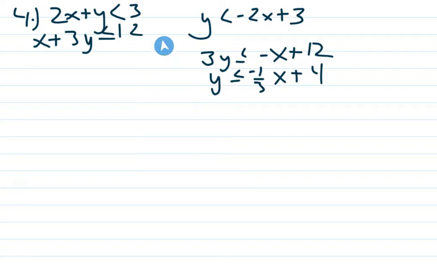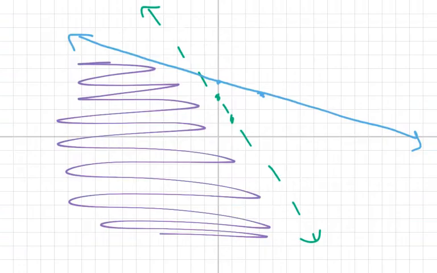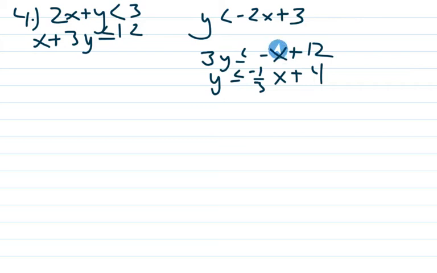And so on this top equation, I subtracted 2x from both sides to get y is less than -2x plus 3. And that's this line right here, the plus 3, negative 2x, dashed line, shading underneath. And then for the second one, I subtracted x from both sides and then divided everything by 3.